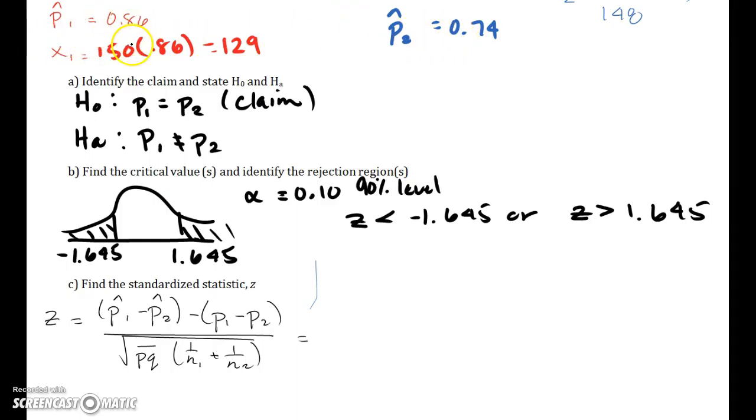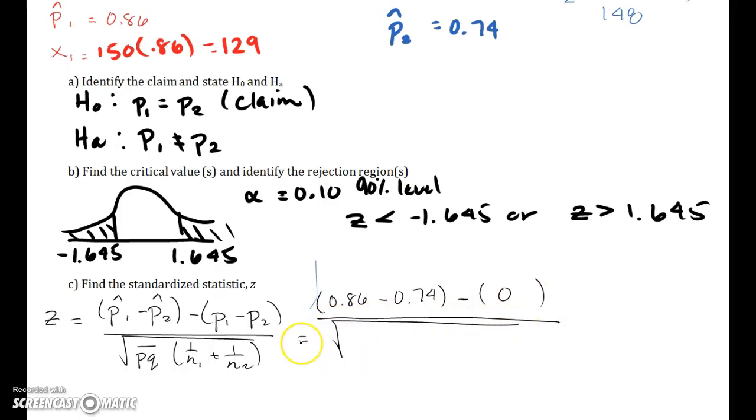So here's my p hat 1, 0.86, minus p hat 2, 0.74. Then from that, I'm going to subtract p1 minus p2. Remember, we're assuming that p1 equals p2. So if they're equal to each other, then when I subtract them, I should get 0. Like if this was 0.5 equals 0.5, what's 0.5 minus 0.5? Always going to be 0 there.